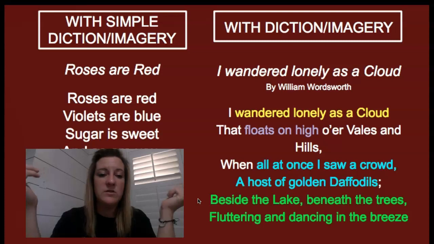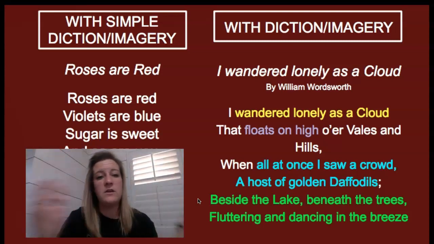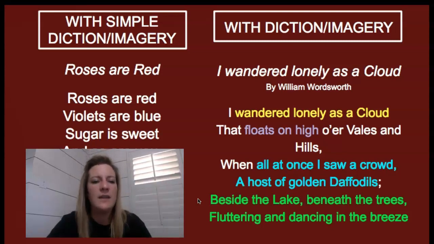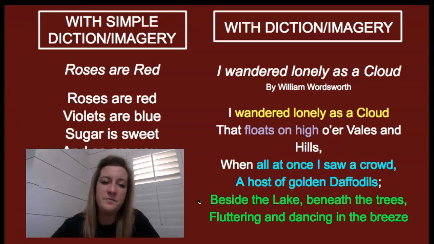Beneath the trees, there are trees hanging over this field of flowers, and fluttering and dancing in the breeze, waving back and forth. That's only the first stanza, but it gives you a very good example of what imagery and diction can do for the vision of the text.